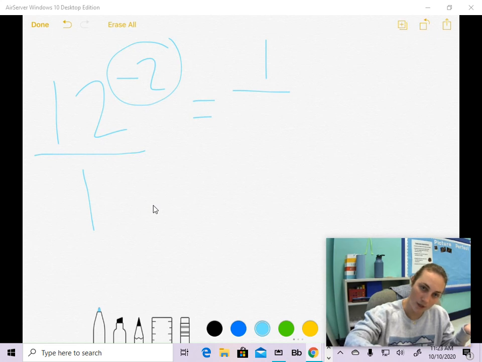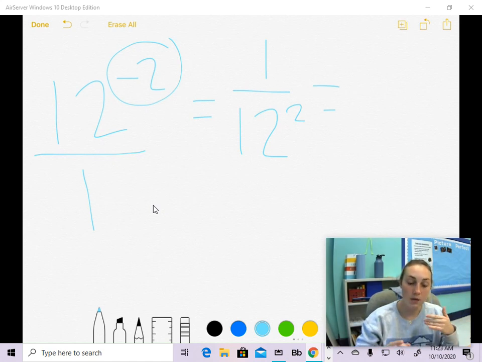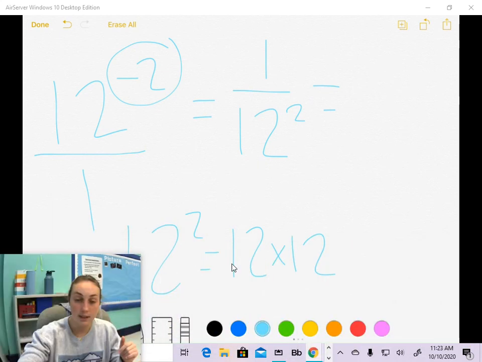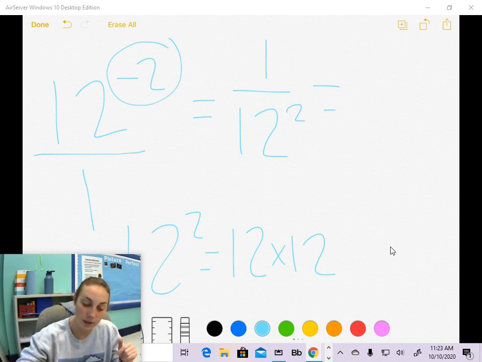So the 1 would be in the numerator, the 12 would be in the denominator, the 2 is now positive. Okay? So now, again, 12 squared is the same as 12 times 12. So the number multiplied by itself, 2 times. And then 12 squared is going to be 144. Put that 1 back there.